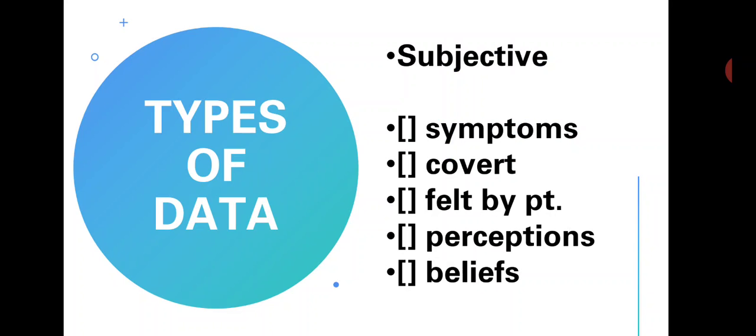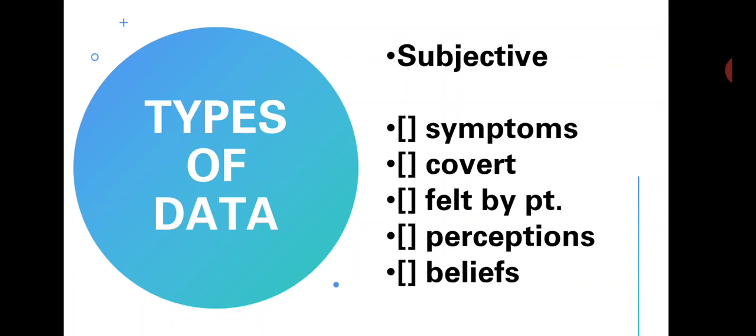It is covert data because you cannot see it, you cannot feel it, you cannot observe it, and you will only know about it if the client reports it. So it is felt by your client. Subjective data is not limited to anything stated or verbalized by your client.